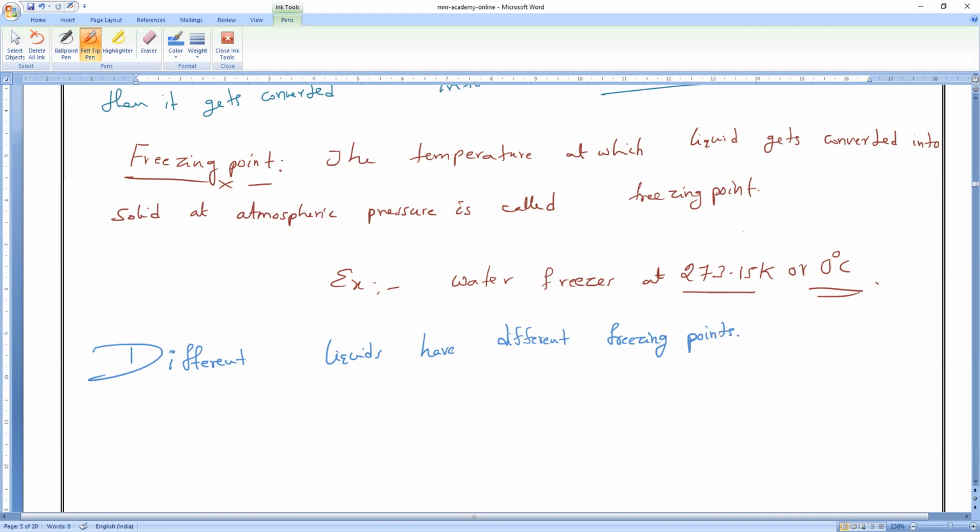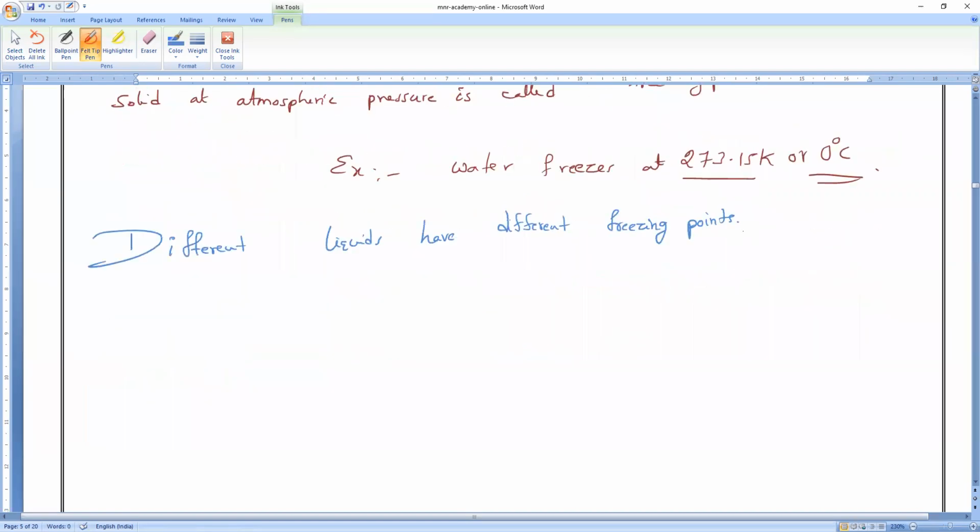Okay, guys, you might all have experienced this in our daily life. Presently you are in summer, and outside the temperature is very, very hot. We always prefer to have soft, cool drinks or cool water at least.